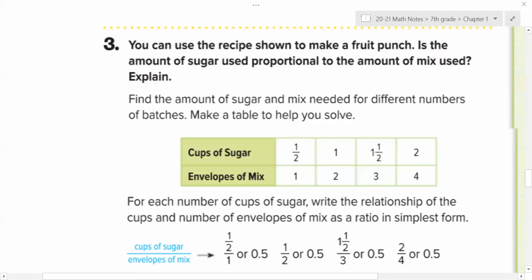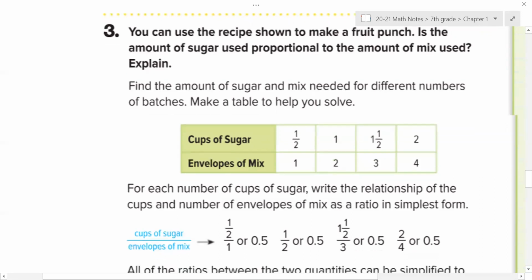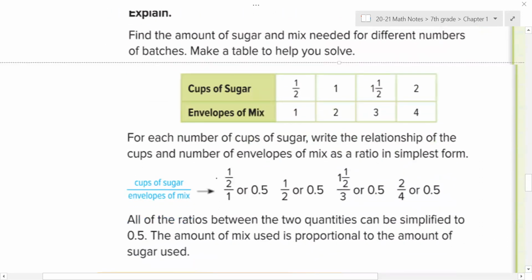So cups of sugar, we have 1/2 makes 1 envelope, or we need 1 envelope of mix. For 1 cup of sugar, that's 2 envelopes of mix. 1 1/2 cups of sugar, that's 3, and 2 is 4. So when we did that, and this is from section 4.1.1, when we divided 1/2 by 1, we got the ratio of 0.5.